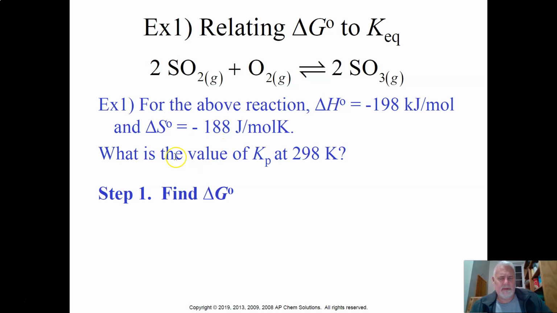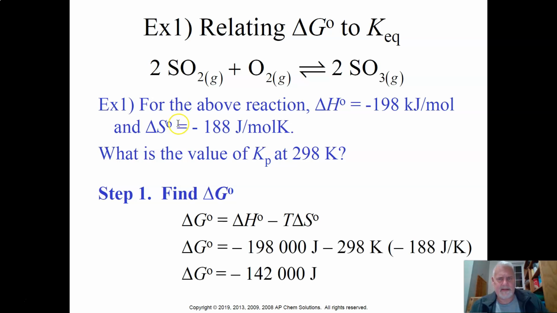Notice it's not a multiple choice question. They're actually asking you to find this out. So you're going to plug in those values, and you're going to write this delta H as a joule amount, because we're going to need that eventually.